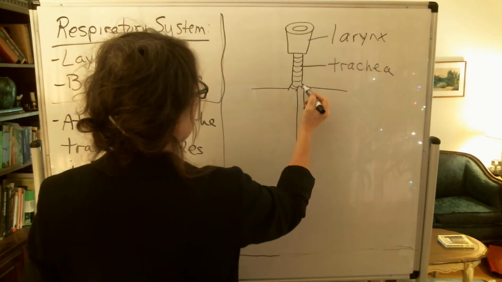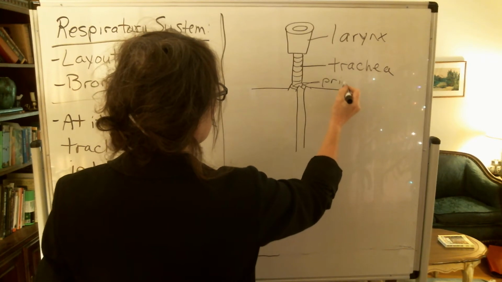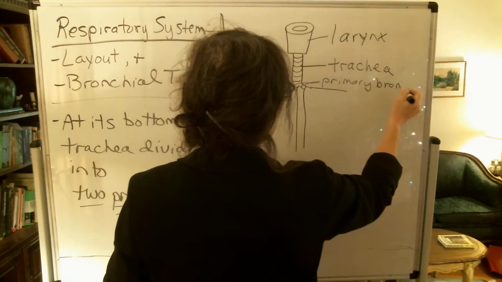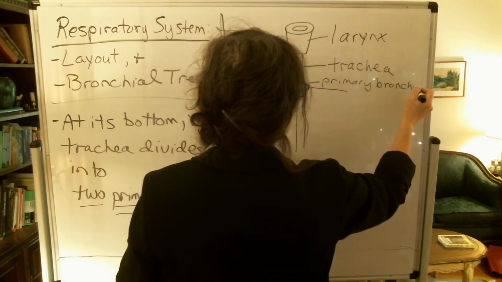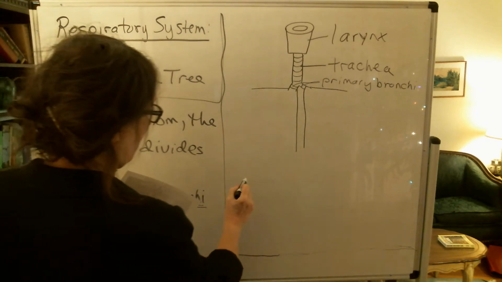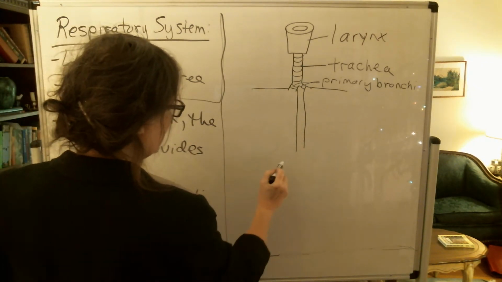So here, this and this then are your two primary bronchi, the right and left primary bronchi. And then we have the lungs, which I'm in the process of drawing here.